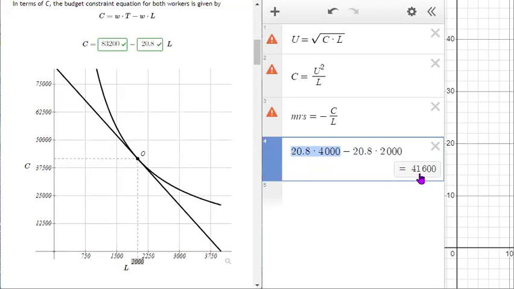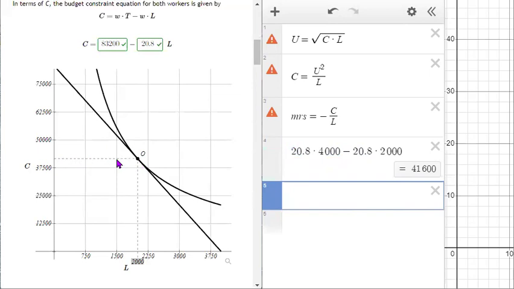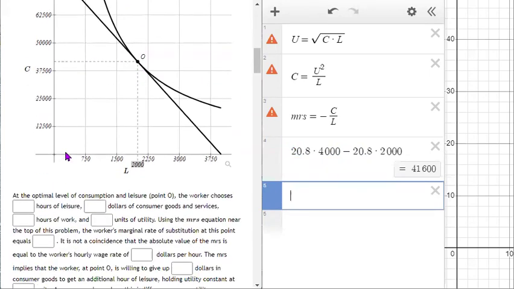I get a consumption level of 41,600. So this height is 41,600, which makes sense because it's closer to 37,500 than to 50,000. Okay, so this consumption level is 41,600. That's how we would find that, right?